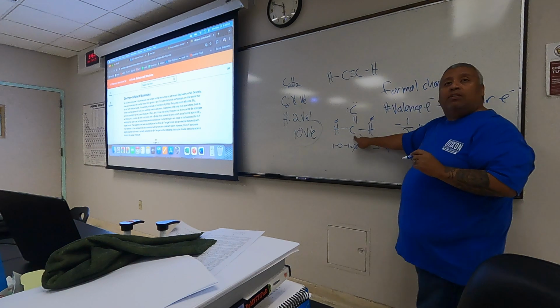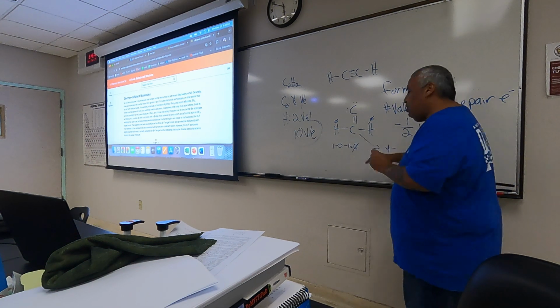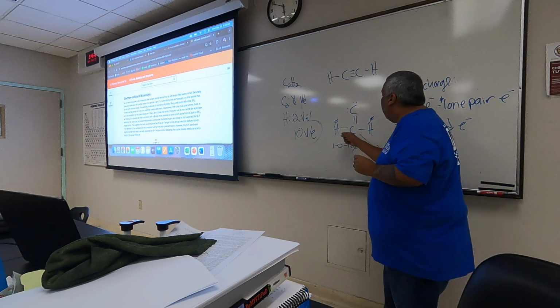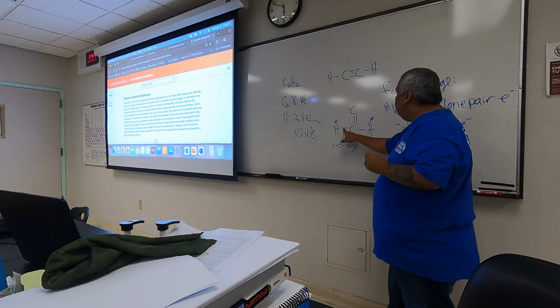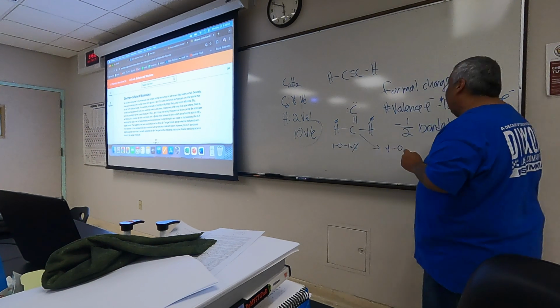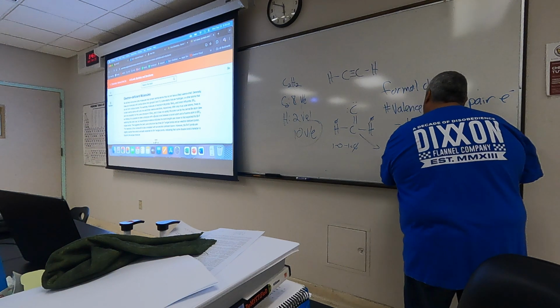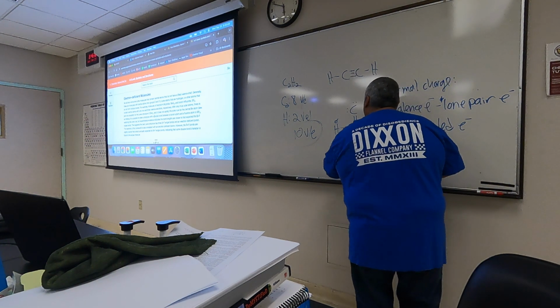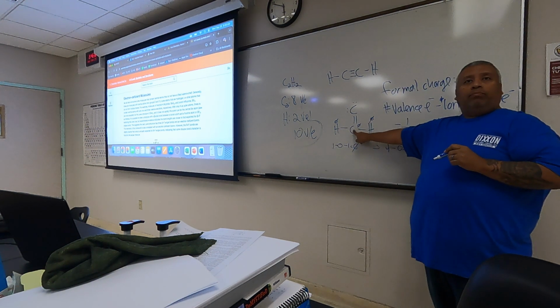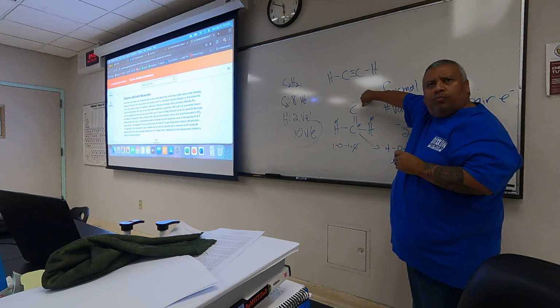Minus, how many lone pairs does it have? 0. How many bonded electrons do we see here? 2, 4, 6, 8. And we need half of those. Minus 4 is equal to 0. So the formal charge on carbon is 0. Now let's take a look at this one up here.